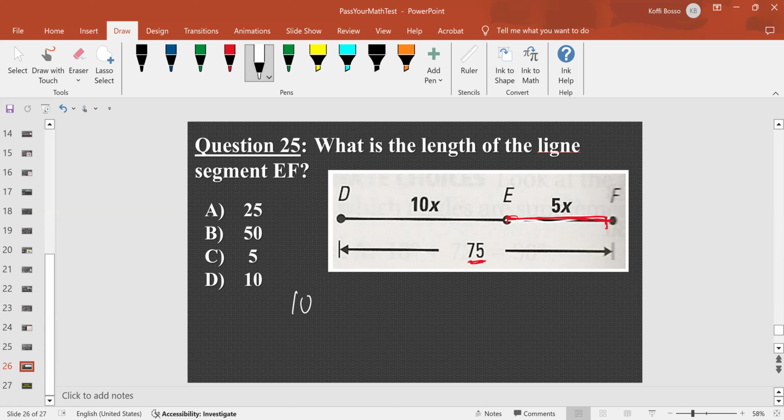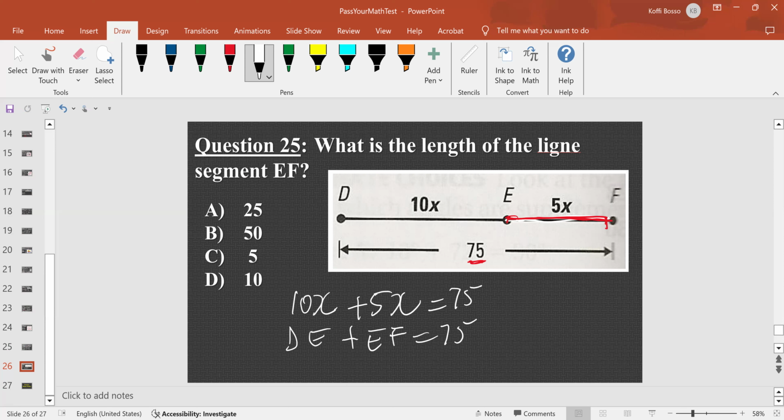So it's 10x plus 5x. So DE plus EF gives you that 75, which is the entire line segment here. So to find EF, we need to know the value of x. After you know the value of x, you plug it in, and you can get the length of EF.